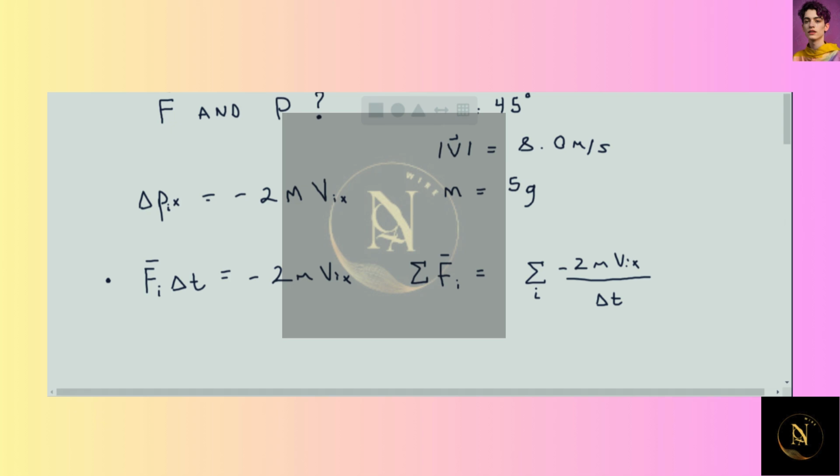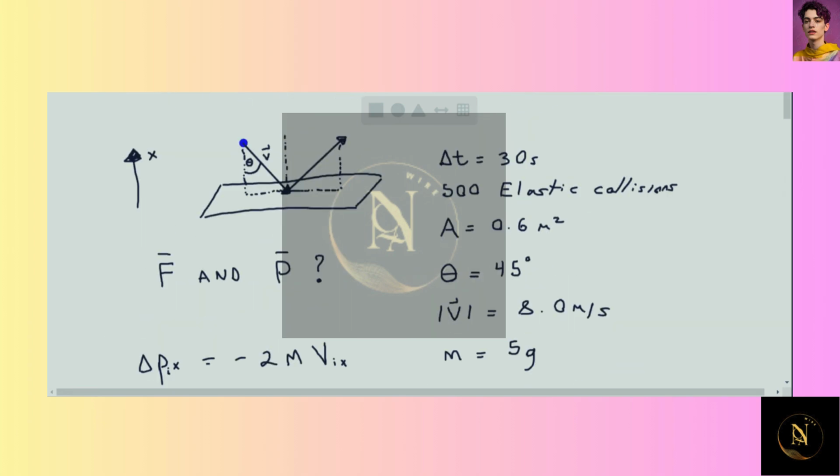All right. So also, we should figure out what this component of velocity in the x direction is here. And we can do that with just a little bit of trigonometry.